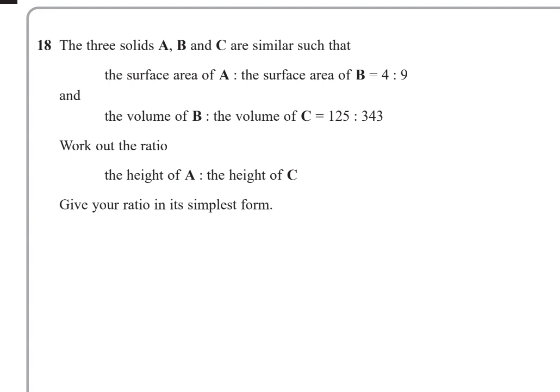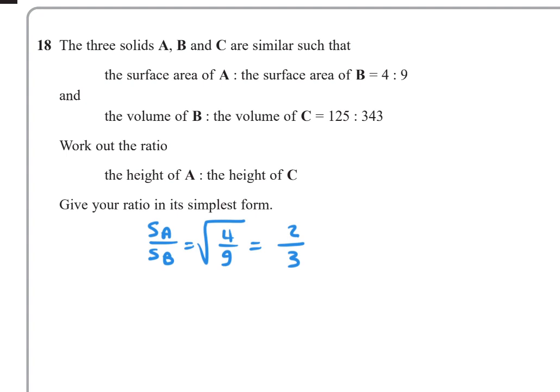First, A, B, and C are similar. The ratio between the area of A to the area of B, 4 to 9. So now the ratio between side A to side B equals the square root of 4 over 9 equals 2 to 3.